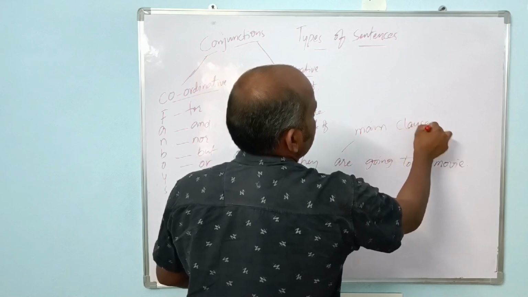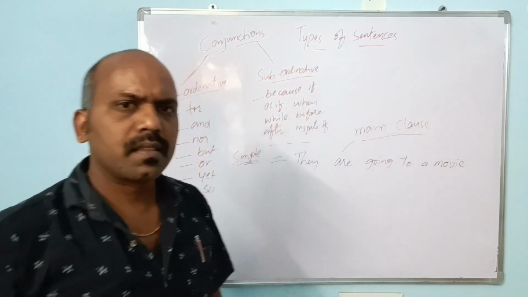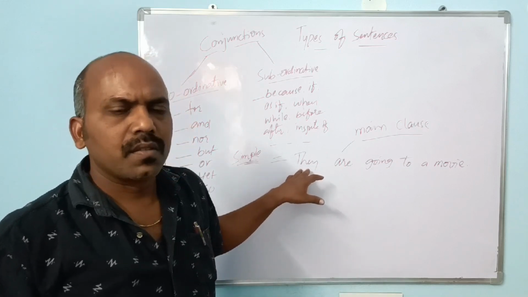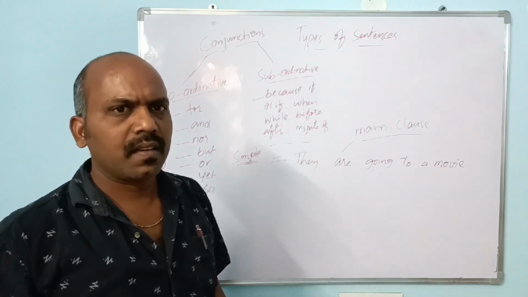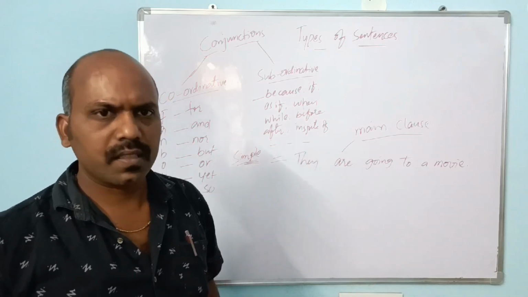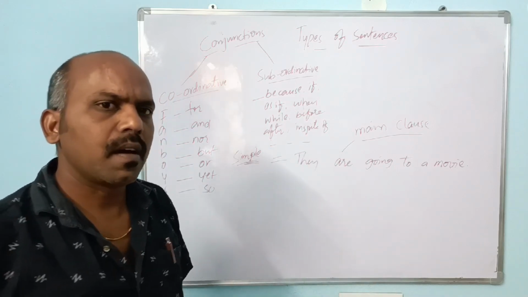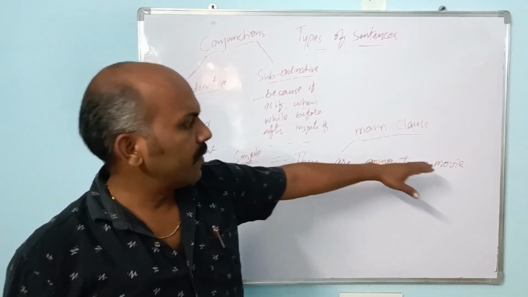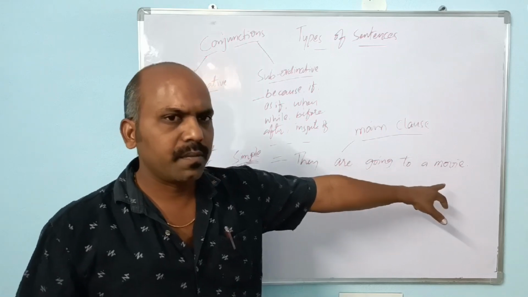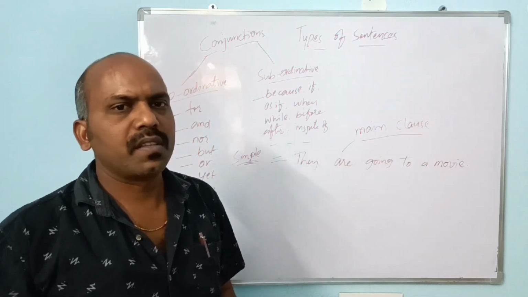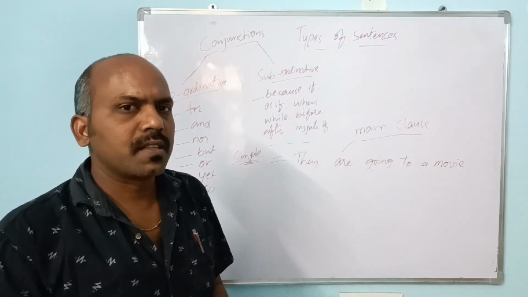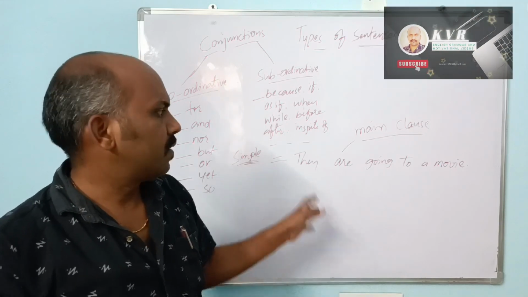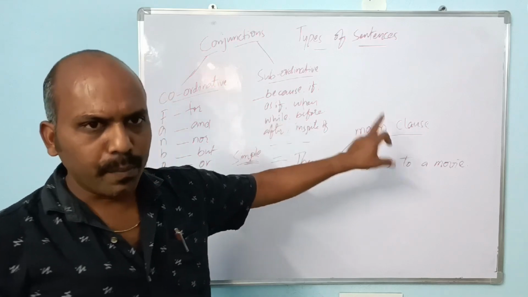All sentences are called main classes because the sentence gives full sense, full meaning, and it maintains all the features of a sentence. The features of a sentence are starting with a capital, containing a verb and an object, ending with a full stop and giving a complete sense. It's a group of words that gives complete sense and doesn't depend on any other, so it is called a main class.